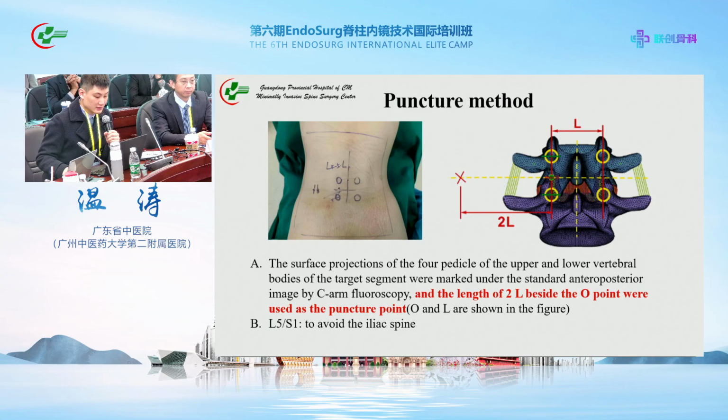This is the intervertebral space line here, and this is the length L, the distance between the two pedicles, left and right. We mark it as L, and the puncture point is lateral 2L distance from the pedicle point.